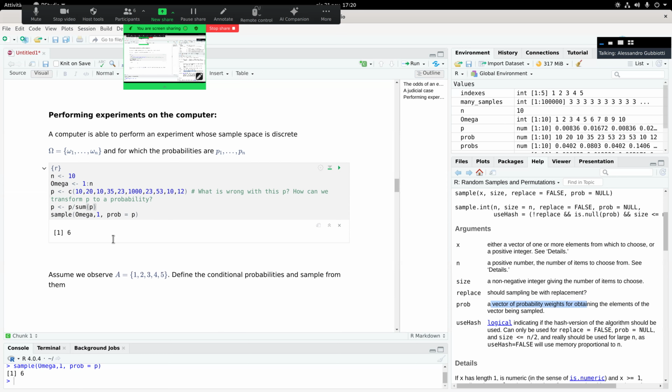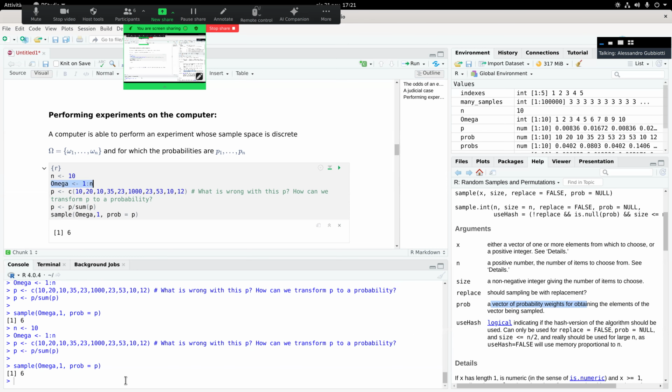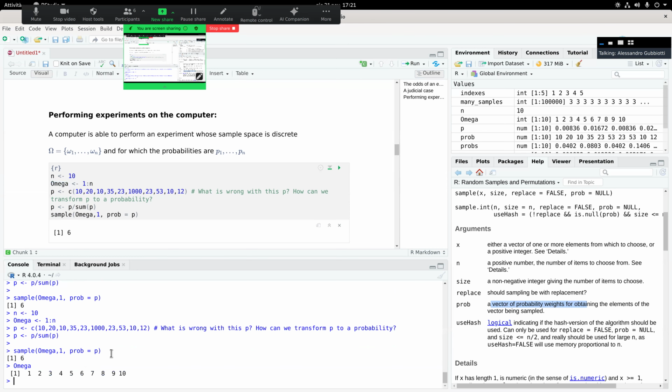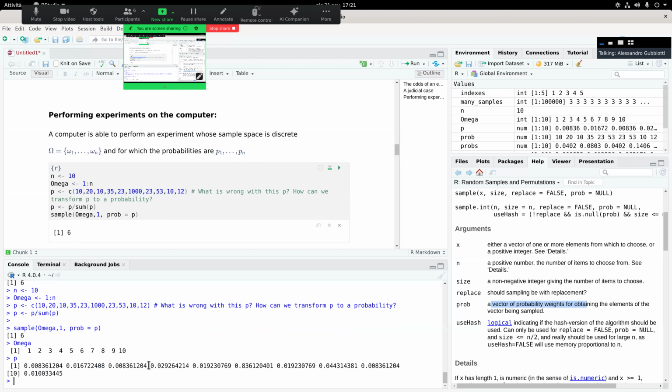So here I'm simply defining n, and here I'm defining the vector omega, which is the following. Now, here I'm defining a vector of weights, which is p.